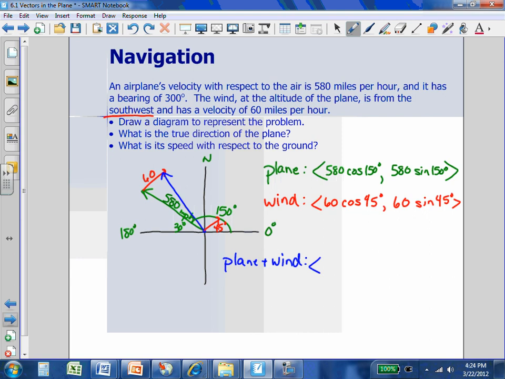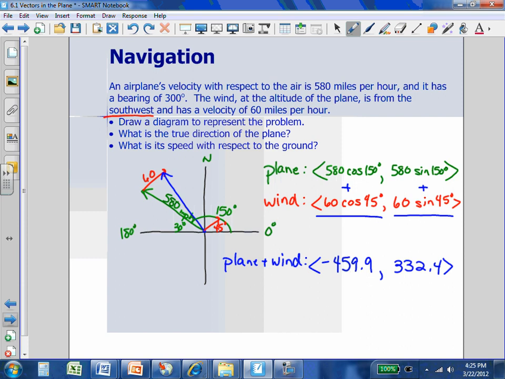So we have a new vector. So I'm going to add these guys together. And when I add that together, make sure you're in degree mode, I have negative 459.9. And when I add these guys together, I end up with 332.4.